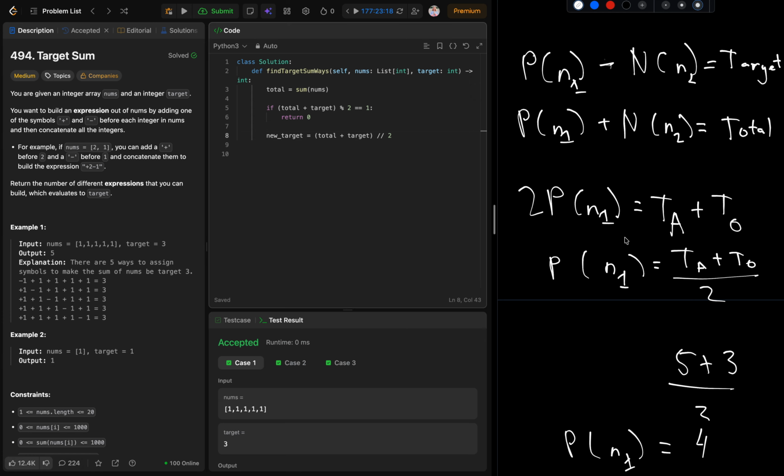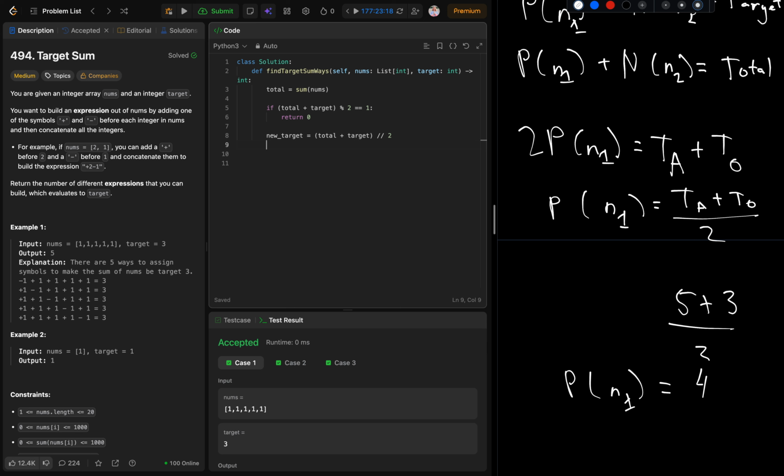Oh yeah, it's the number of ways. So dp is, yeah, if this is the target, this would equal the number of ways to get to target.